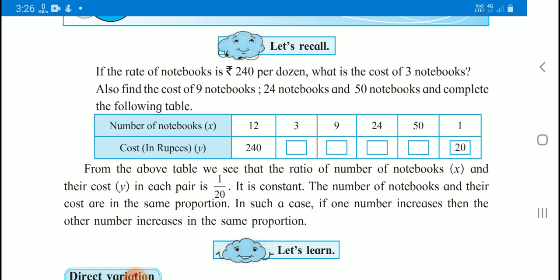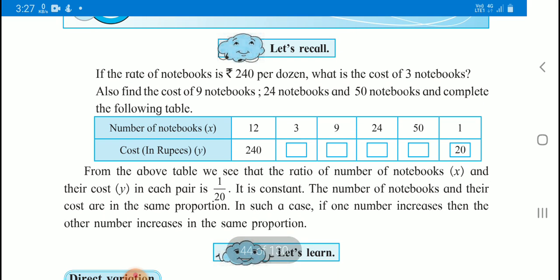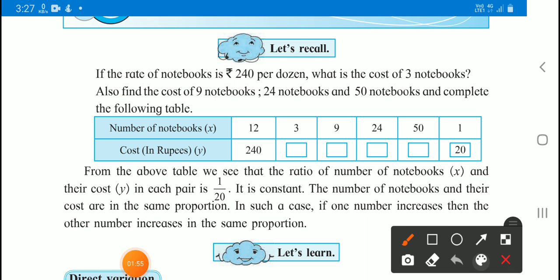Let us recall, if the rate of the notebook is rupees 240 per dozen, it means one dozen is equal to 12 things or 12 items. Okay, so here if the rate of the notebook is rupees 240 per dozen, what is the cost of 3 notebooks? Now look here, what you have to do.